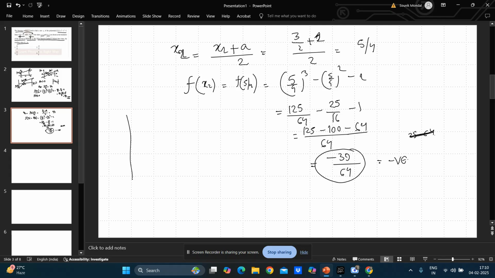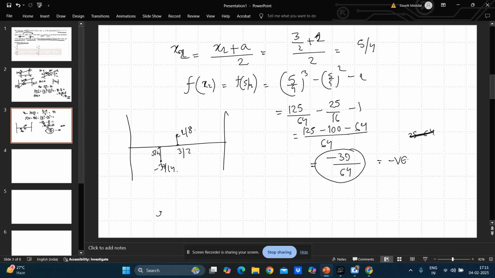So now again, at 3/2 you get some positive value, this is 1/8, and at 5/4 its value is negative, it is minus 39/64. So the root lies in between these.